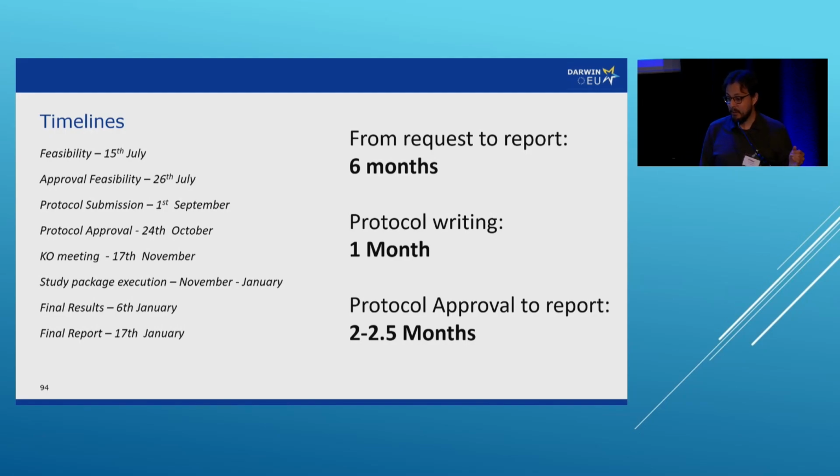And this was the first protocol we were writing for drug utilization studies in Darwin, so we had to write it from scratch, basically. It took 1 month, so now I think we can write protocols even faster because we have much more experience in writing protocols.